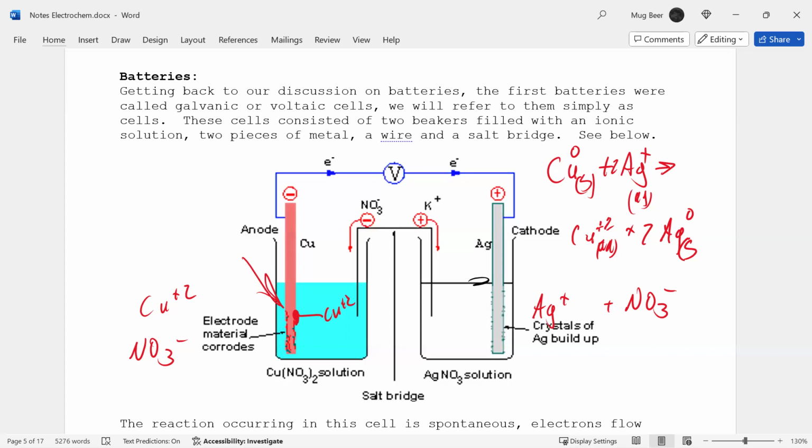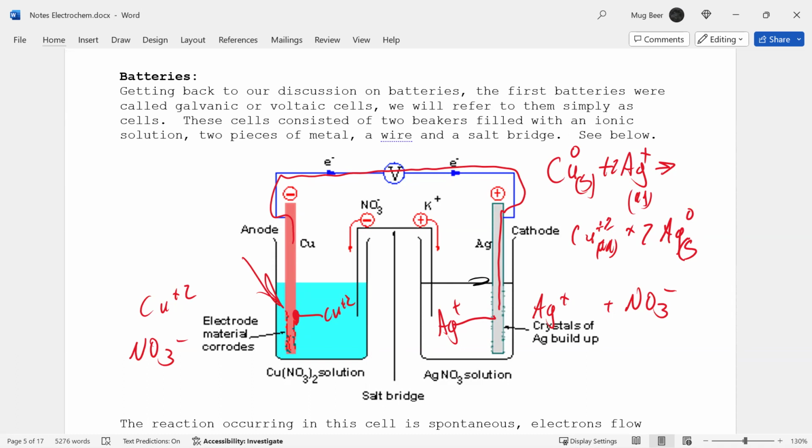And the electrons from this copper will get sent up, run through this voltmeter, come down this wire here, and then a silver that is sitting here will be attracted to that electron, and it'll start building up silver on the exterior of that silver bar. So the silver bar on the right is going to be getting heavier, and the copper bar on the left is going to be getting lighter.